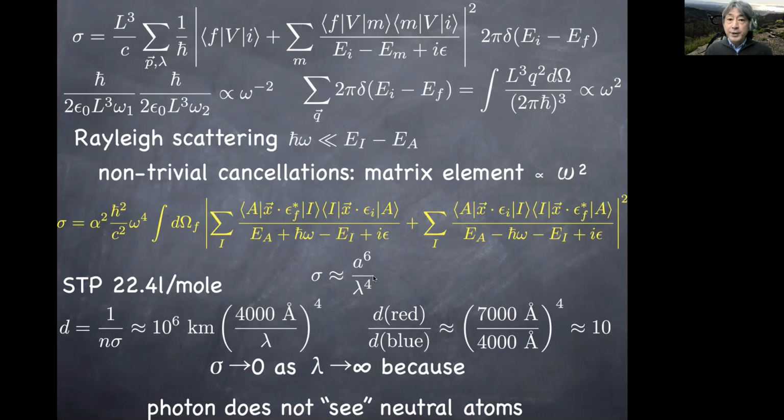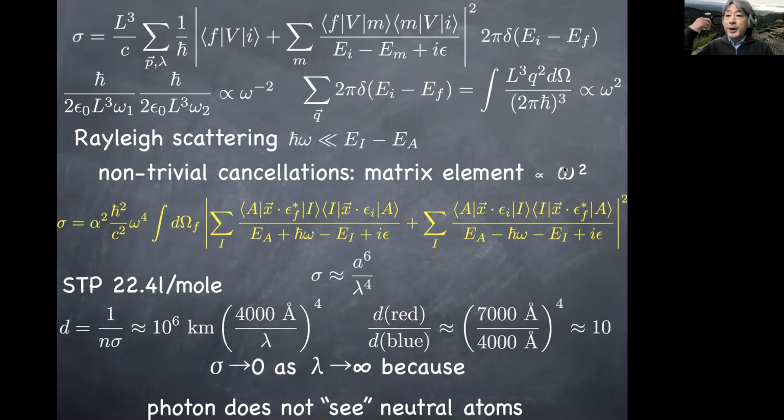But anyway, from the calculation point of view, the only thing you needed to work out is this non-trivial cancellation between different terms of matrix elements that will make the matrix element go like omega squared. But now you see the reason why there should be this cancellation, because the cross-section is supposed to be suppressed for low frequency or longer wavelength, because the photon would not see anything charged, and therefore you have some power suppression effects you are supposed to get from this calculation.